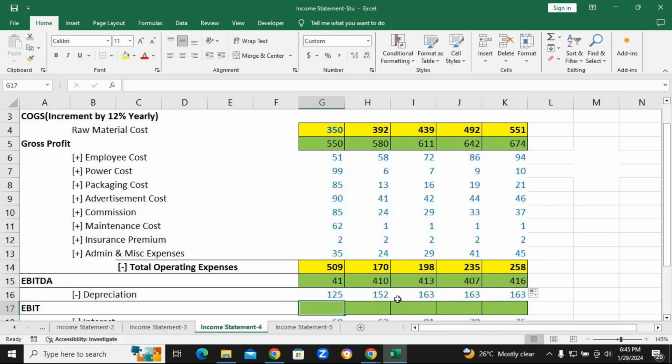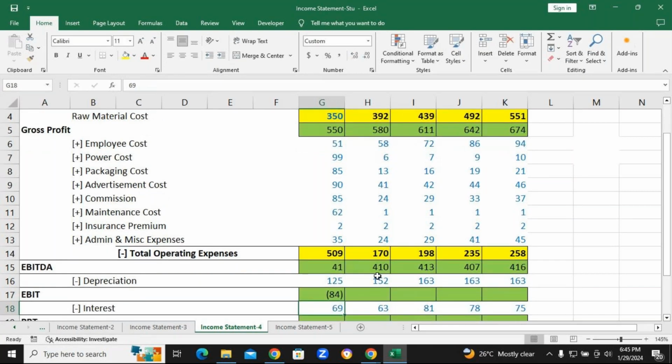So it is equals G15 minus G16, that is EBITDA minus depreciation. I'll drag it towards my right.